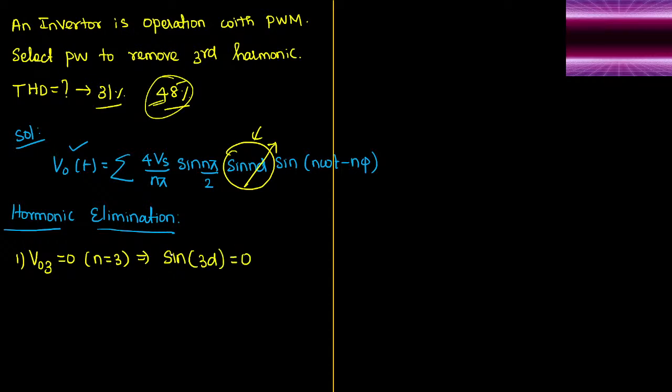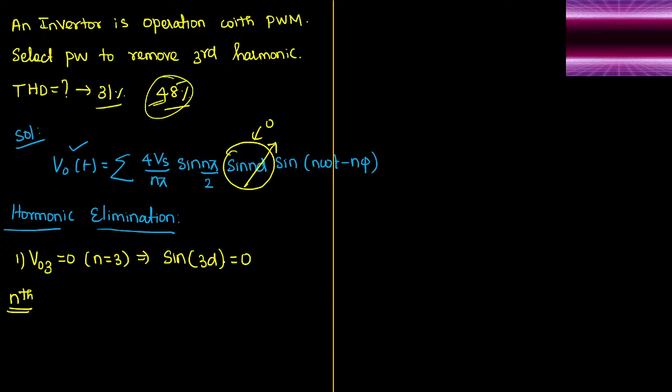That is the condition such that the third harmonic will be 0. If this factor becomes 0, the whole voltage will be 0. So with the help of this displacement angle, we are trying to make the sinusoidal value 0. In general, this is for the nth order harmonic, and for the third order we are writing like this.